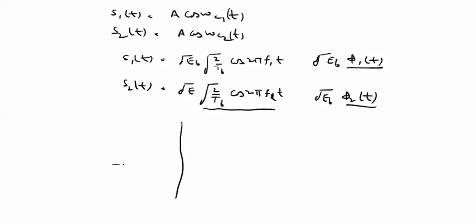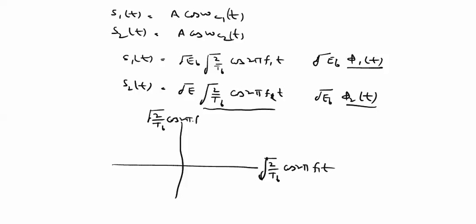Means in the constellation diagram we can draw it this way: root of 2 by TB cos 2 pi f1 t, and root of 2 by TB cos 2 pi f2 t on the other axis.